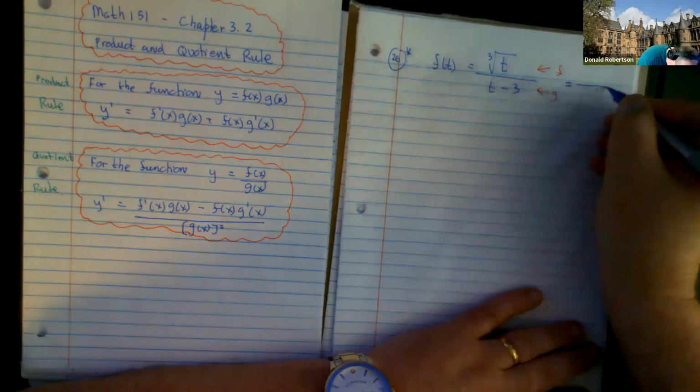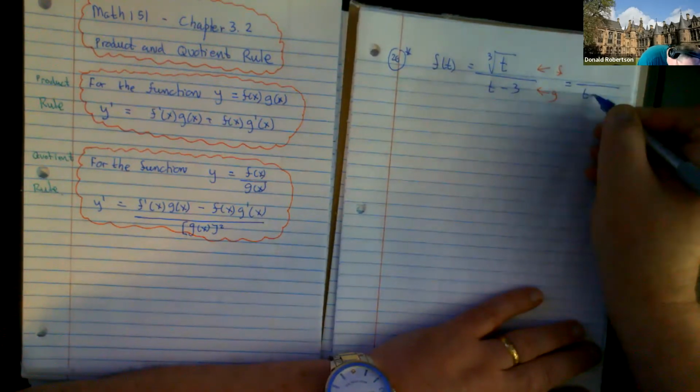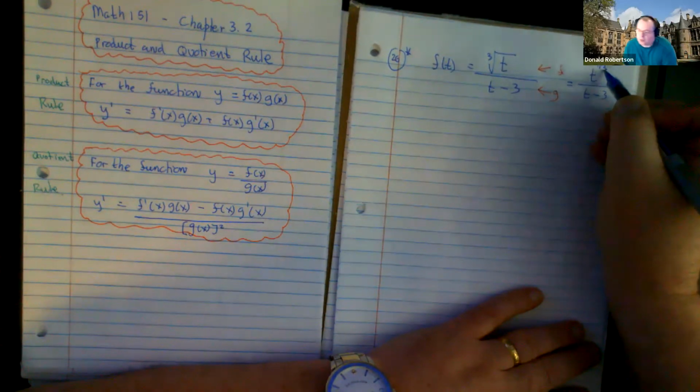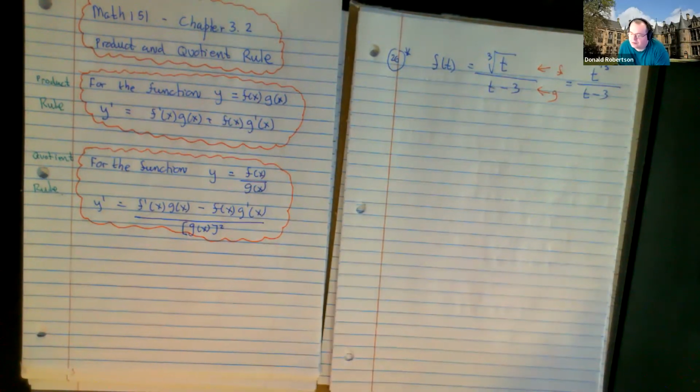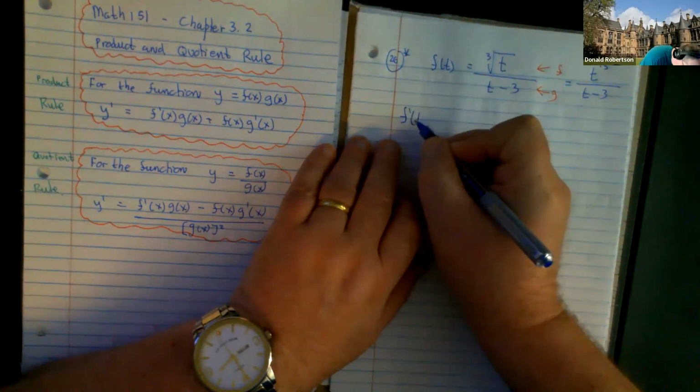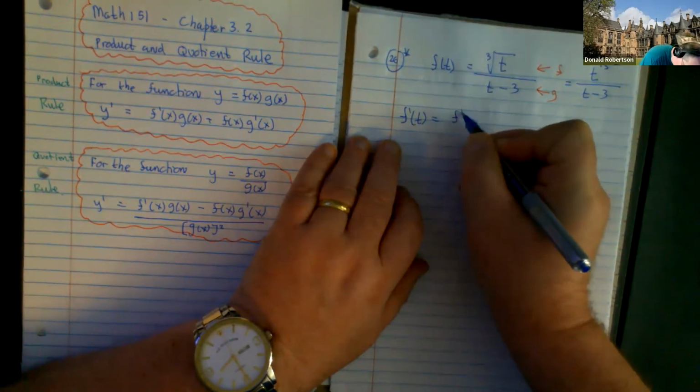Since I know I'm going to be differentiating, are you comfortable with the cube root being rewritten as a 1/3 power? Square roots get you half, cube roots get you a third. Now we can move on to the derivative quotient rule.